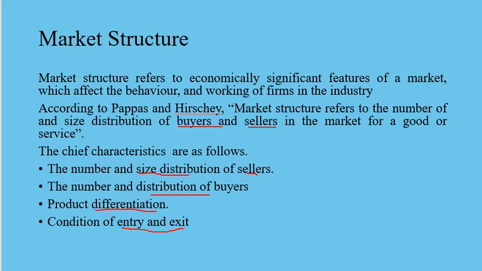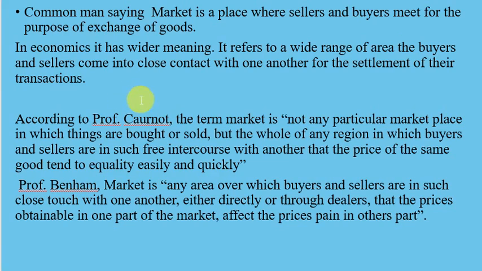So let us learn what we mean by market. In simple terms, the common man says a market is a place where sellers and buyers meet for the purpose of exchanging goods and services. In economics, it is a very wide concept.